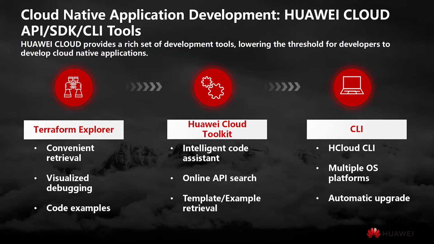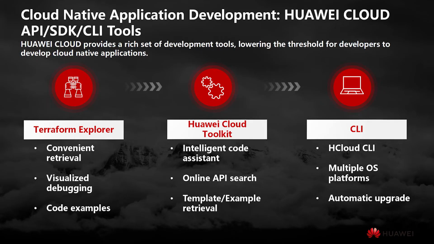Using Terraform Explorer, you can easily design and orchestrate cloud service infrastructure description online and in a visualized manner. Developers' daily work is concentrated in the IDE. Through Huawei Cloud Toolkit, or HCT for short, developers can easily search for and view OpenAPI documents online.